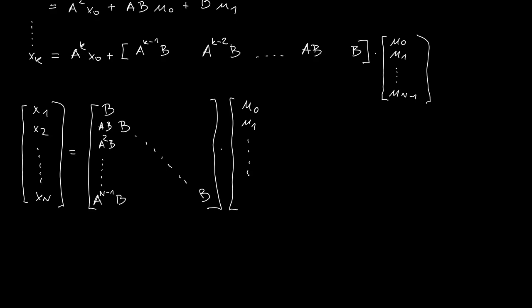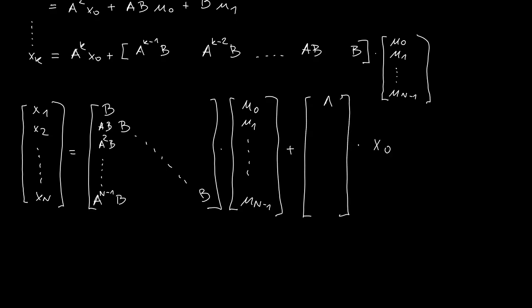Now you can perhaps recognize here a pretty familiar pattern. Doesn't this block lower triangular matrix look like a controllability matrix? Let's label this as C bar and the other matrix as, say, A hat.